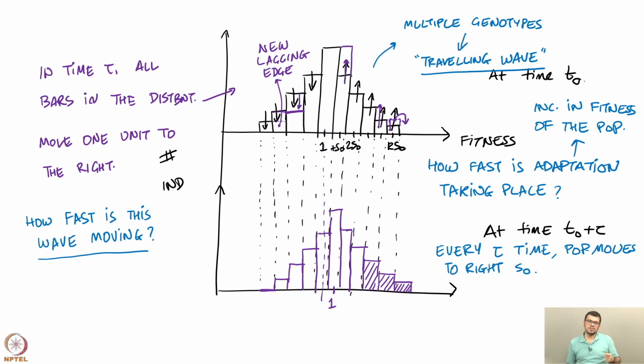So, the question is, what is the increase in fitness of the mean population? The increase in mean fitness will also be S naught. I hope everybody sees that. For instance, think of an exam in your class that took place, out of 100, somebody got 20, somebody got 30, somebody got 90, and so on and so forth.